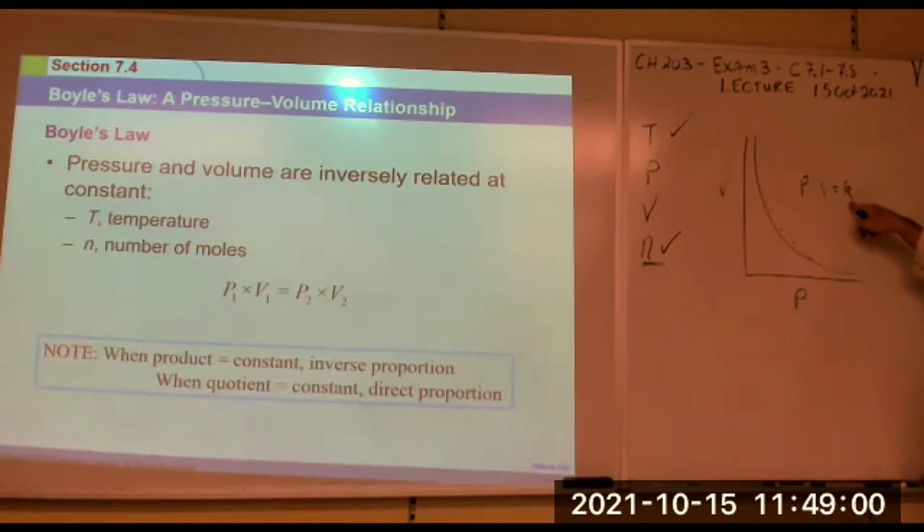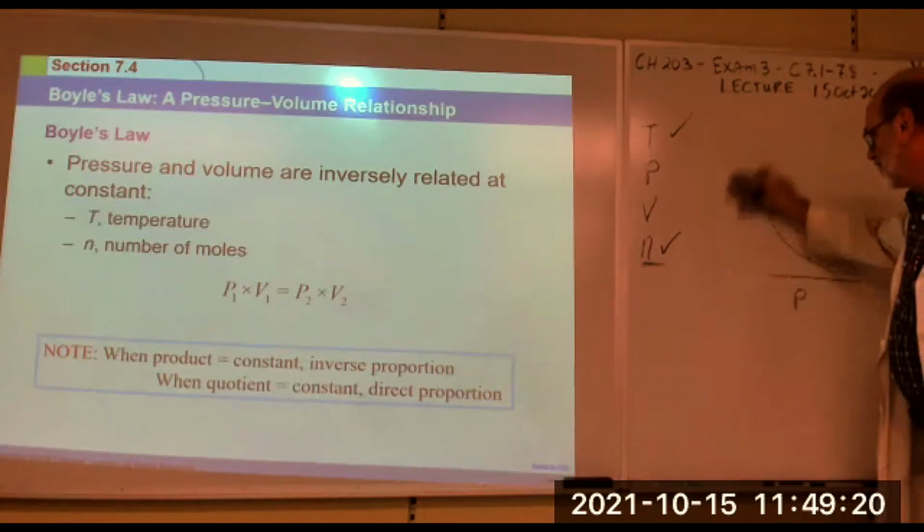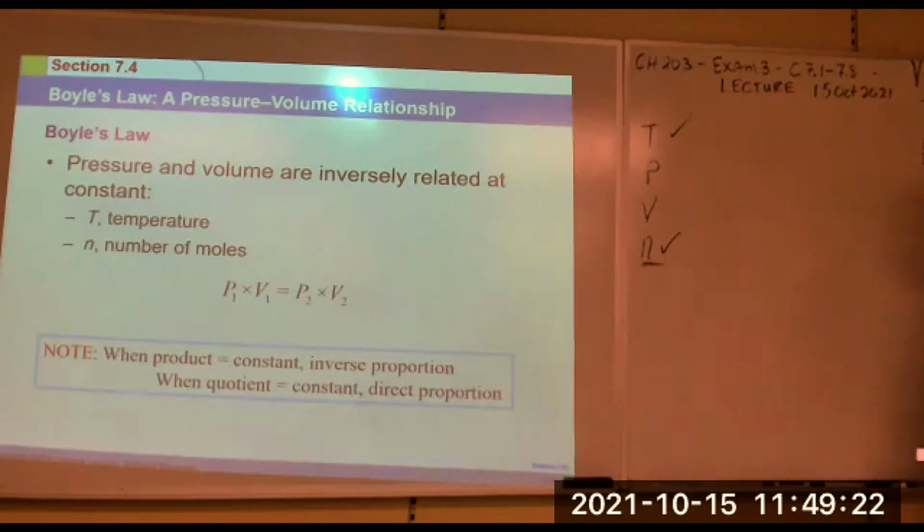So if this is a real value, you can never make V 0. If V were 0 and it touched this axis, then K would become 0, and we've already established that it's a constant value. So no matter how small it gets, it can't be 0. Okay, so that's Boyle's law.